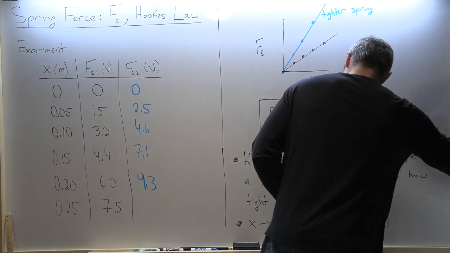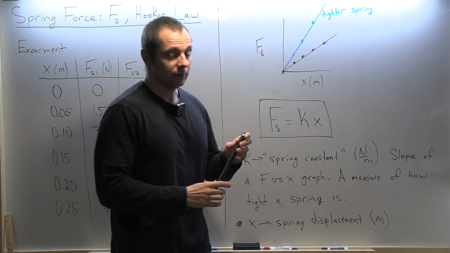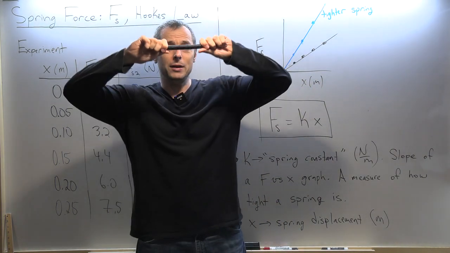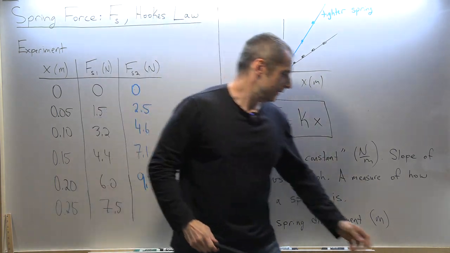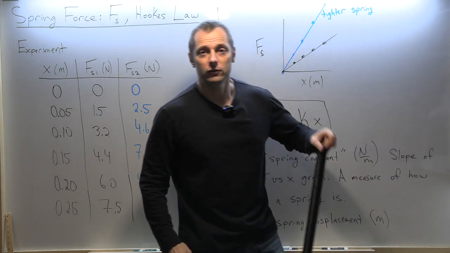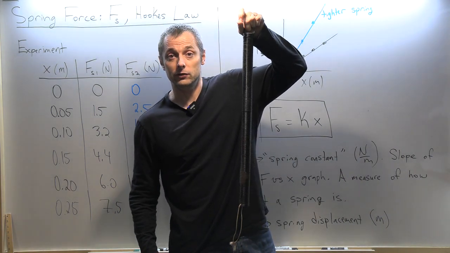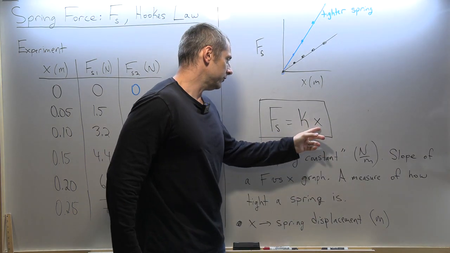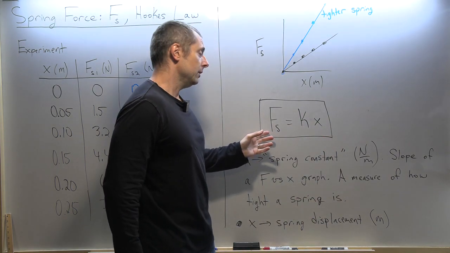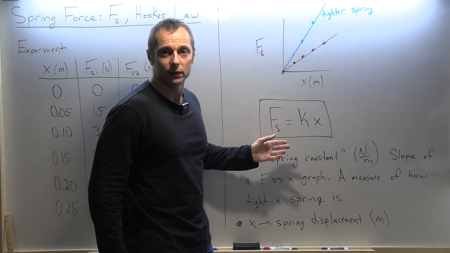If we did an experiment with this one, instead of 30 or 50, this might be like 200 newtons per meter, okay? This one could be a spring constant in the thousands because if I stretch it even 1 centimeter, 0.01, I get maybe hundreds of newtons out of it.